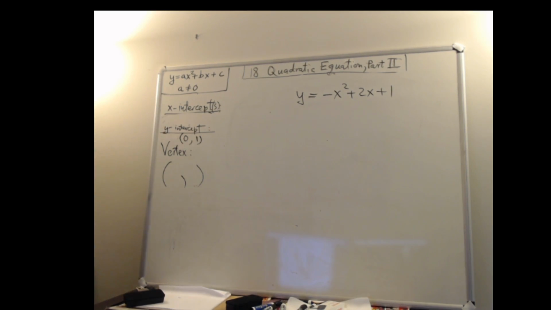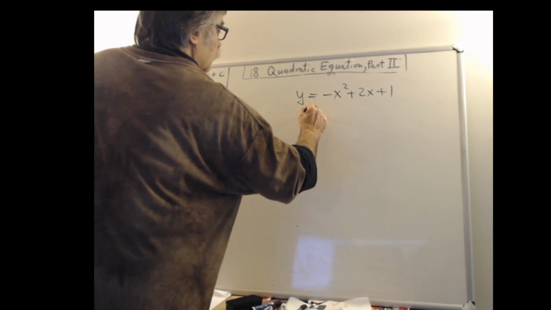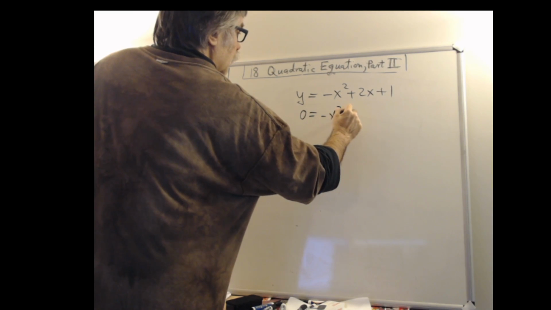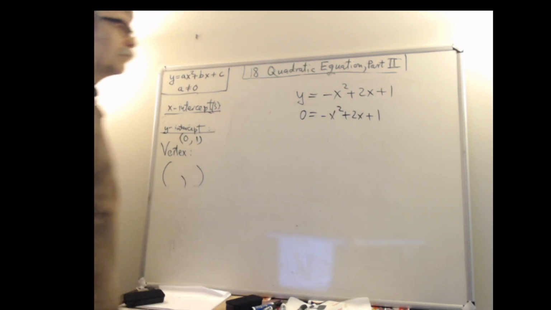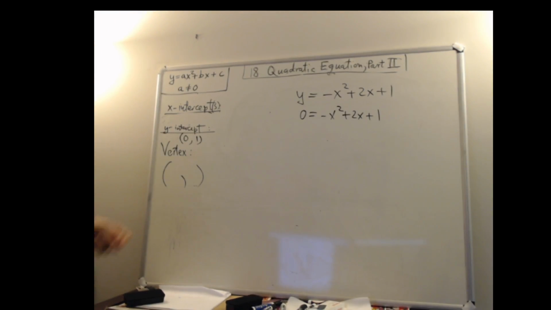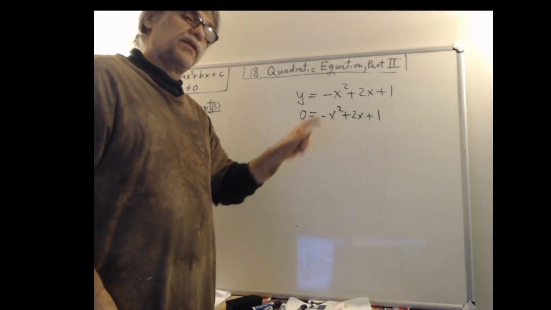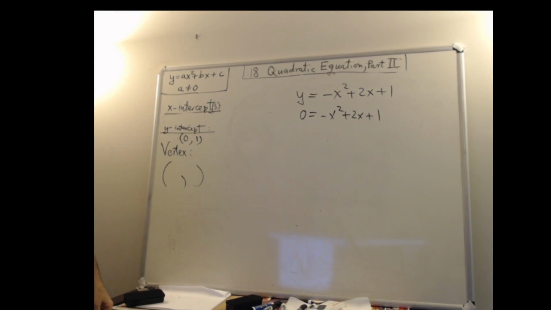For the x-intercept, you need to solve this equation. Oh, we never had a quadratic equation with a negative to start with. Well, that's easy. You multiply everything by negative 1, so you're going to have a positive to start with.